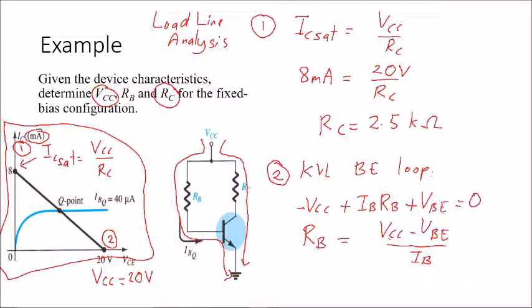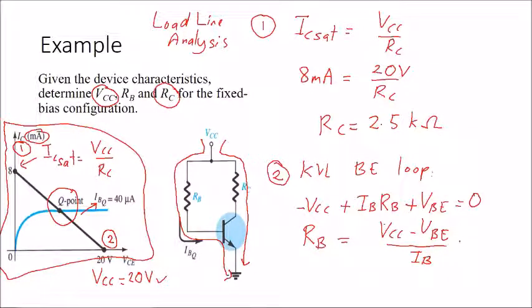The value of VCC is 20 volts, and for VBE, you have to remember this is the voltage drop at the transistor, which is equal to 0.7. The value of IB is here at the Q operating point. This is the operating point, and the operating current for the base current is 40 microampere.